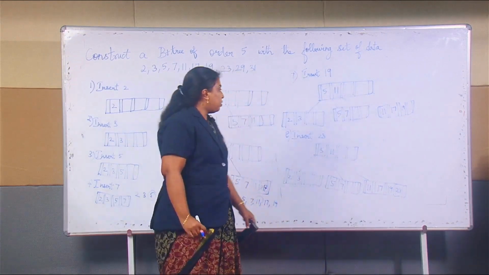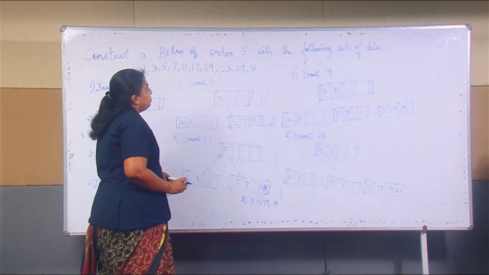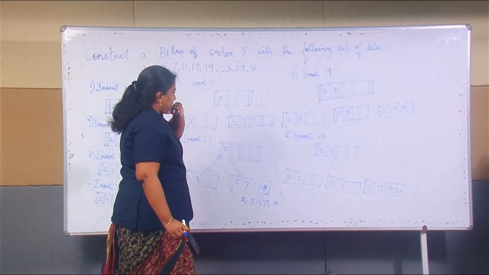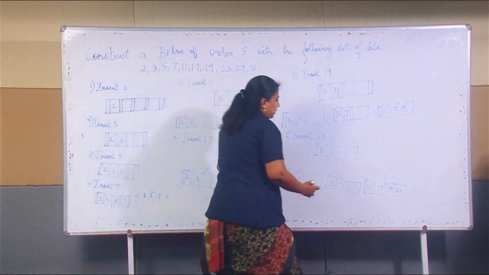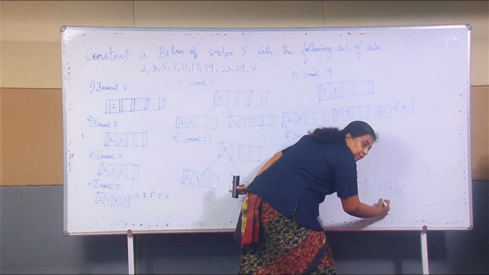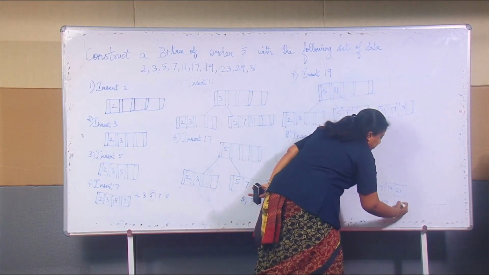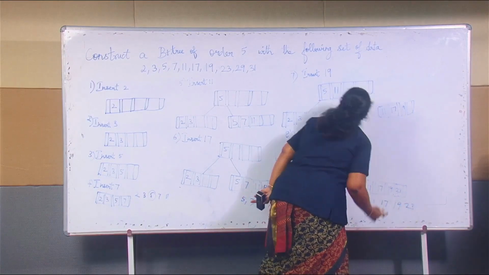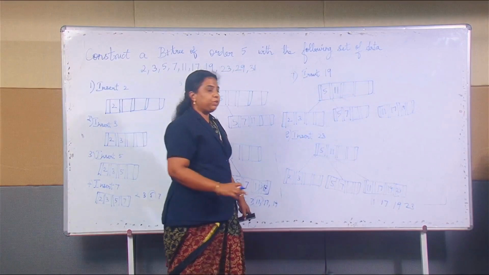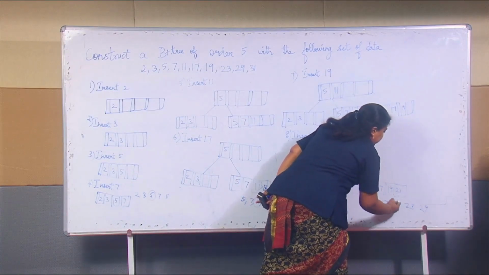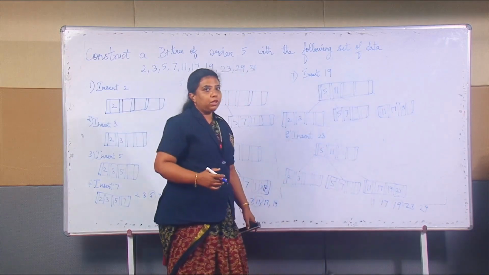Now the next element to be inserted is 29. 29 has to be inserted here, after 11, 17, 19, 23, and then we have the number 29. Now the middle element is 19, which has to be moved to the root node.